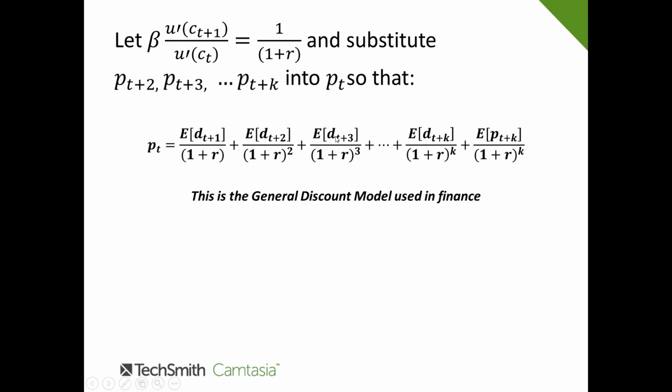The expected dividend in time period 3 divided by (1+r) raised to the power of 3, all the way to the kth time period, the expected dividend in time period t+k, discounted back k periods by some rate r, plus the expected price of the stock in the kth time period, discounted back k time periods by some level r.